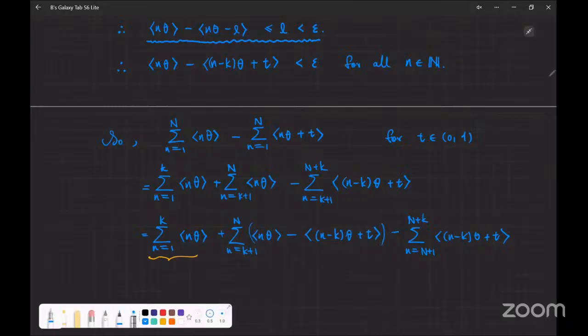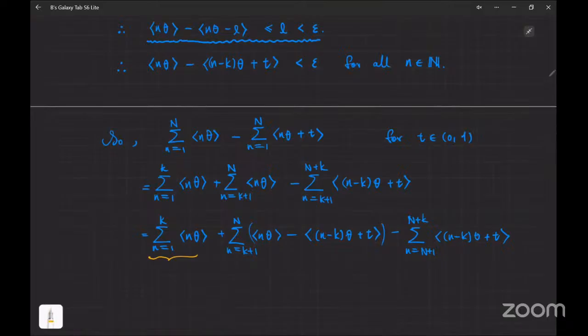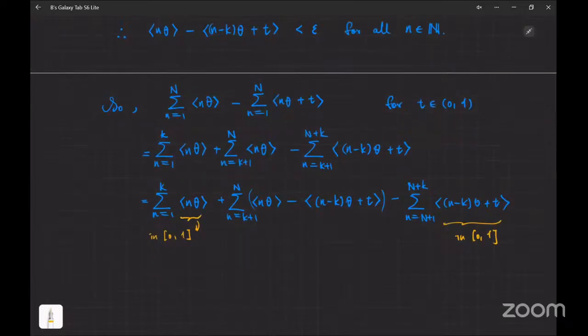The first summation is numbers all between 0 and 1, and this part right here is also in 0, 1. We can put them together, k terms and k terms.